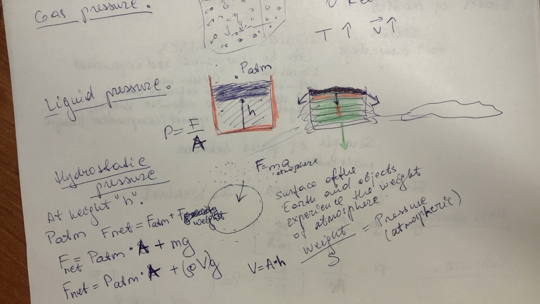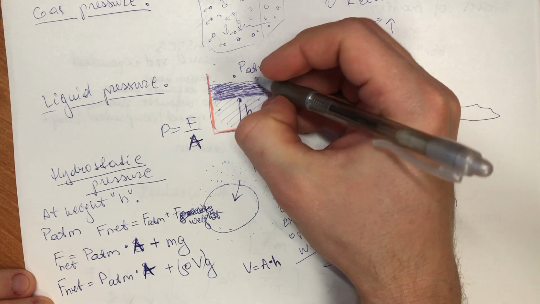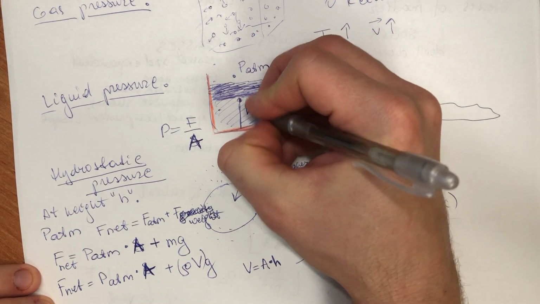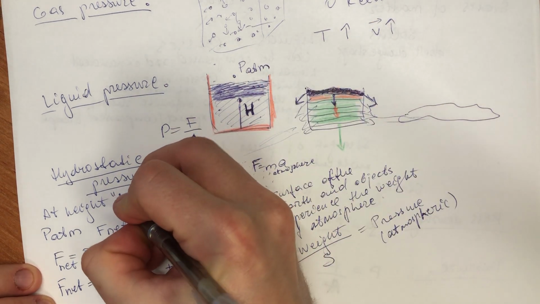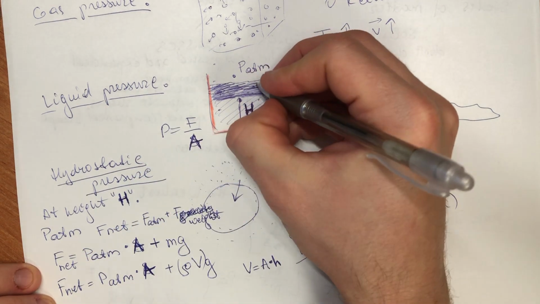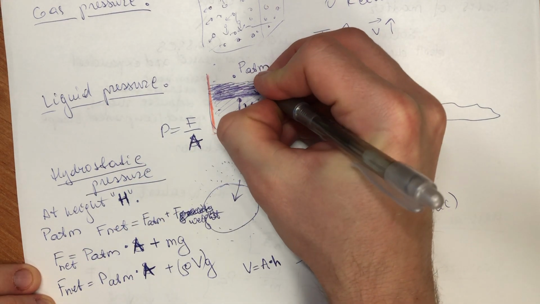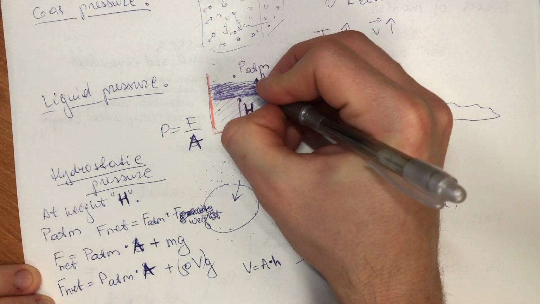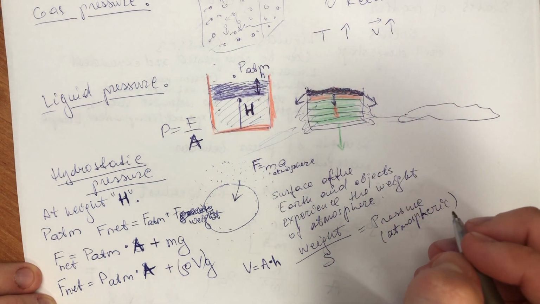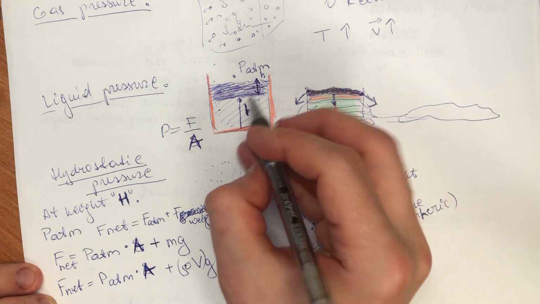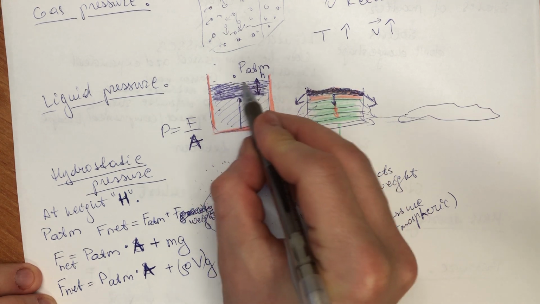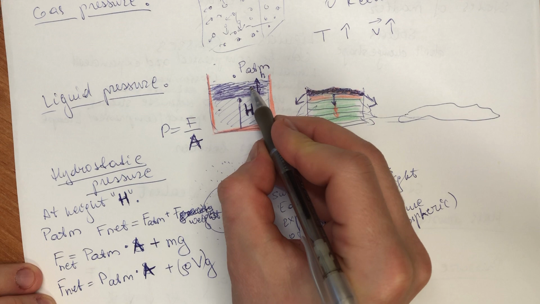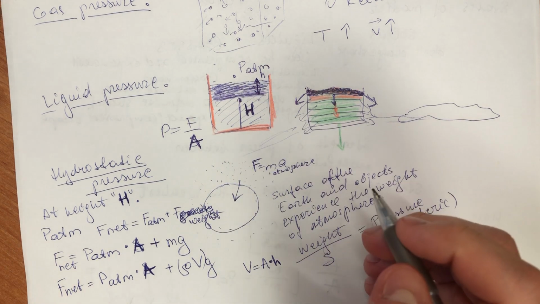This height we will write as capital H. Small h corresponds to the layer of water, and surface area corresponds to the surface area of the container, because it would be the same for this amount of water.